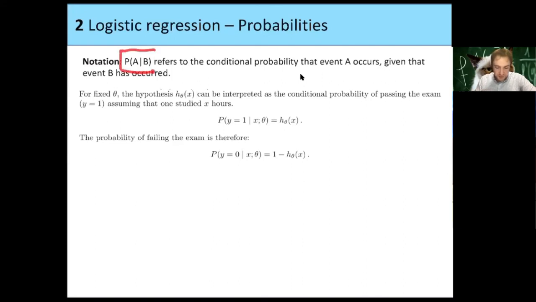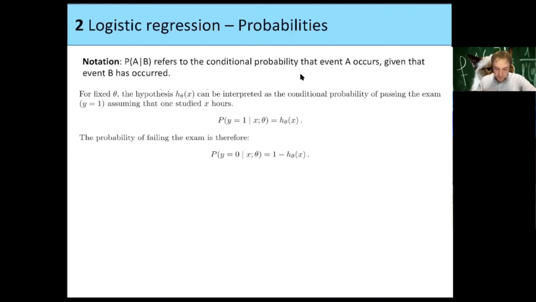Maybe some of you did some basic probability in school, also at university. So there's this notation P(A|B), which is called the conditional probability that the event A occurs given that event B occurs. In our example, A will correspond to passing the exam, and the event B will be that such and such hours were spent studying for the exam.